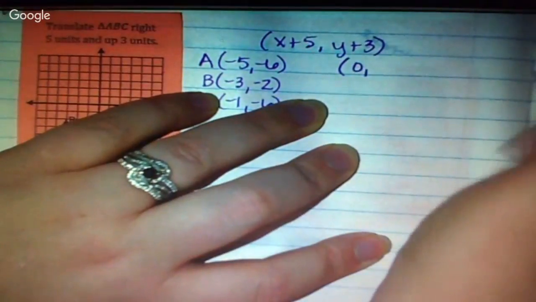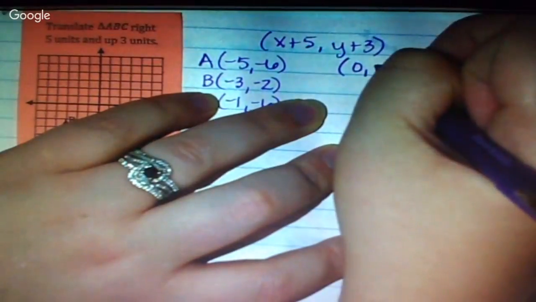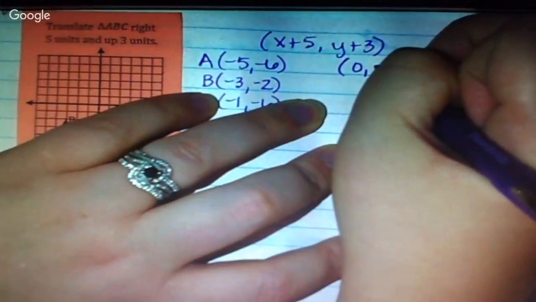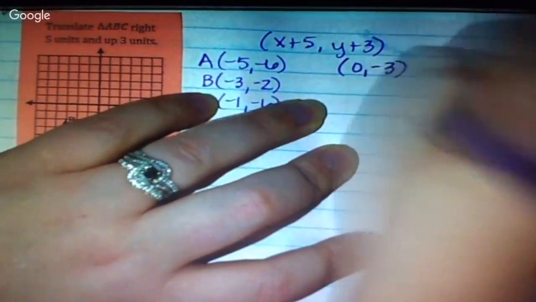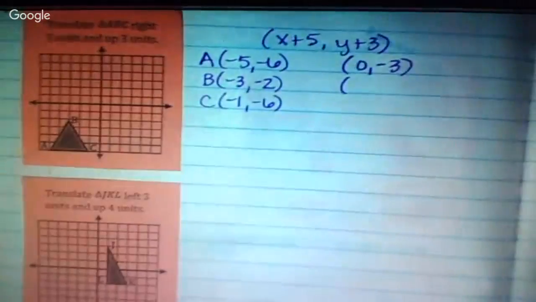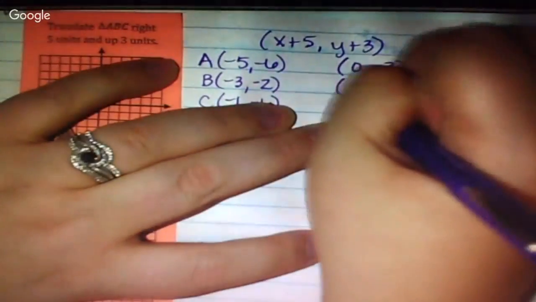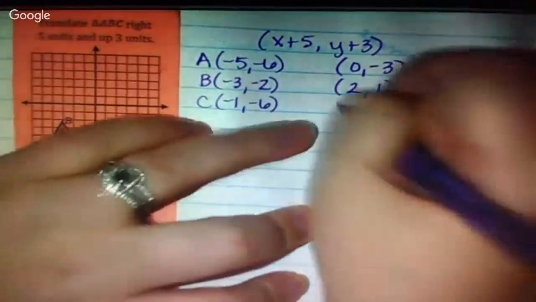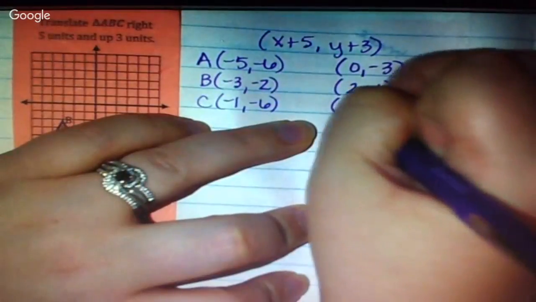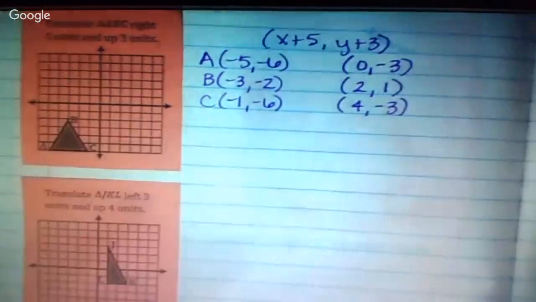And Y should be -3, fantastic. Okay, B should now be at 2, 1. And C should now be at 4, -3. Fantastic.